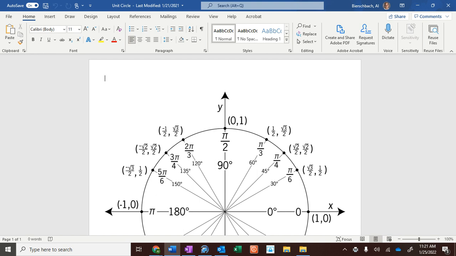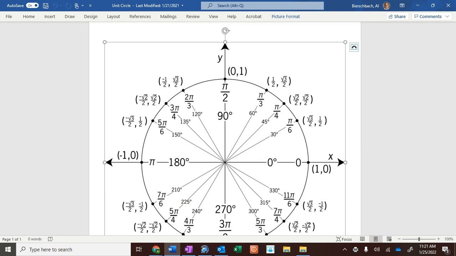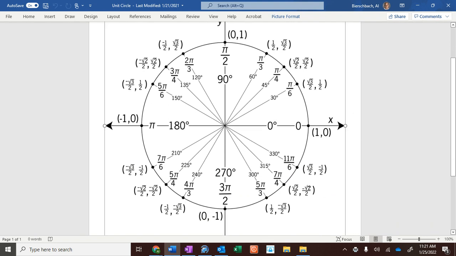Okay. So, on our unit circle here, how many places do we see the cosine equal to square root of 3 over 2? Just one? We see two.